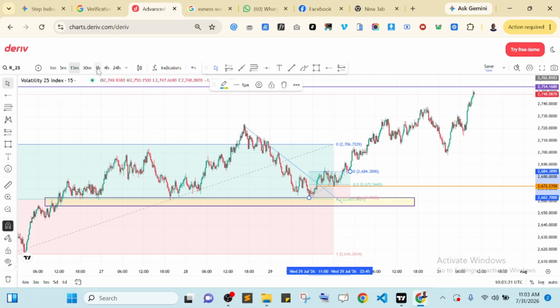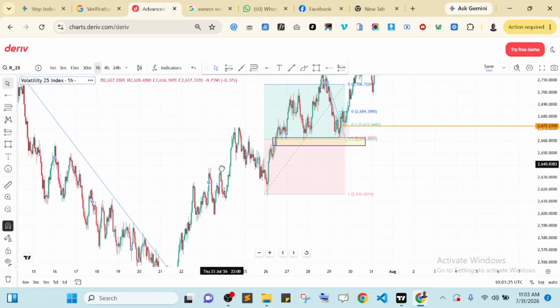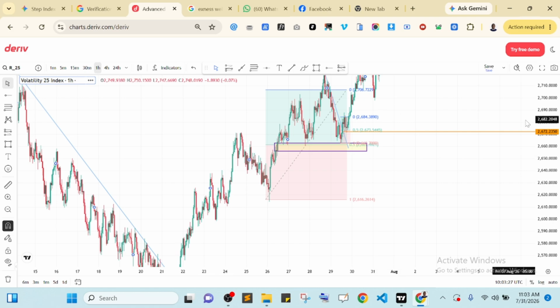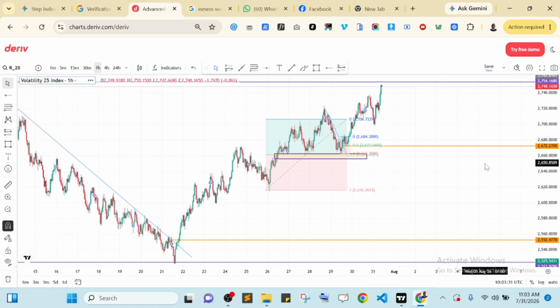Now let's go back to that 1 hour. Now you know that I'm waiting for a sell opportunity on the higher time frame. So this is what will happen. I will draw my trend line from this point.